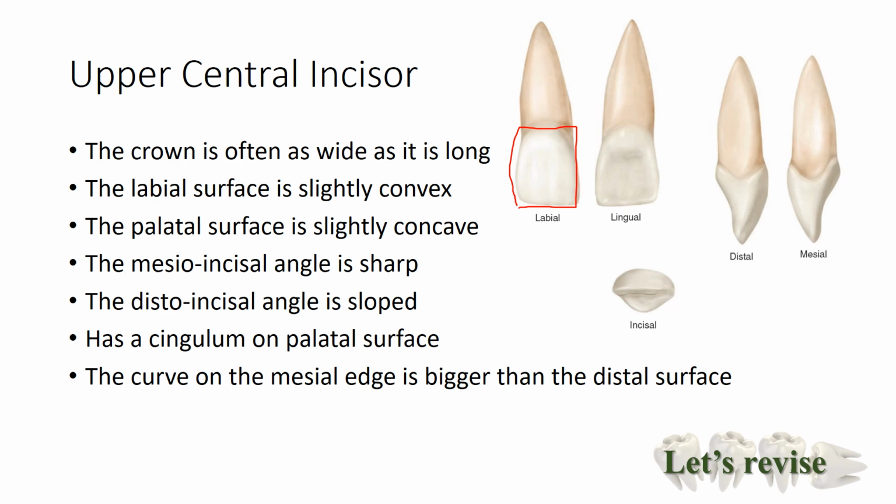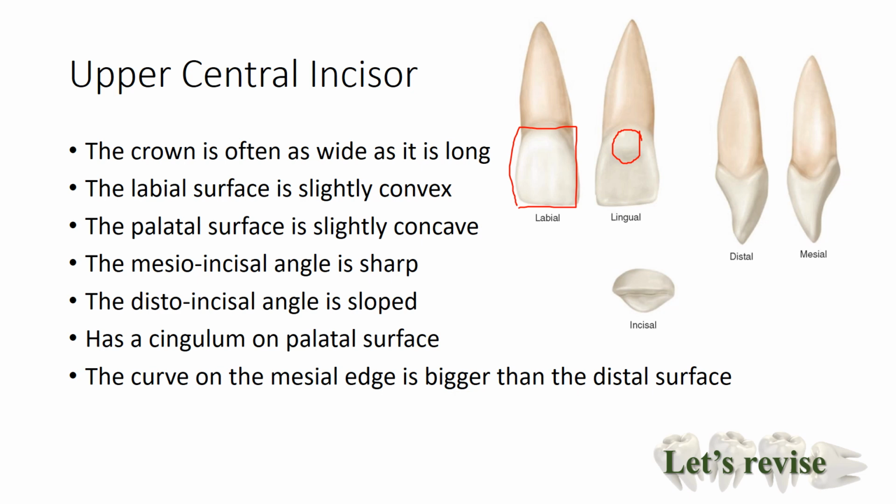And where the palatal surface is slightly concave, you get this area here called a cingulum, which is a little bulge on the palatal or lingual aspect of the tooth, and that's caused by the concaveness of the tooth, which then leads to the cingulum on the outside there.